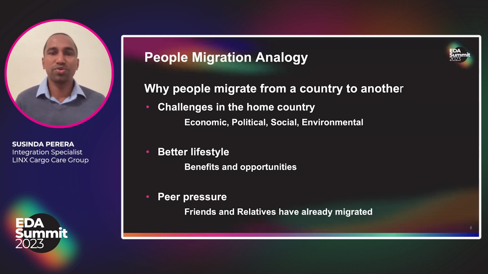People may seek improved standards of living or access to better education or healthcare. They may also be attracted to the benefits and opportunities that another country could provide, such as higher wages or better social welfare. Peer pressure can also play a role in migration. When your friends or relatives have already migrated, it can create an influence on others to follow the same approach.